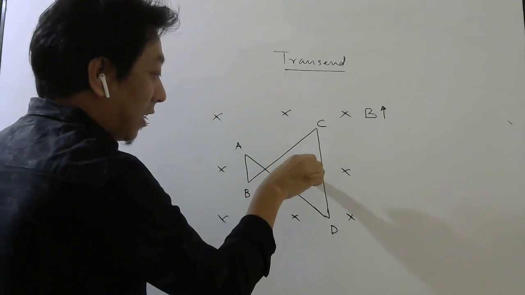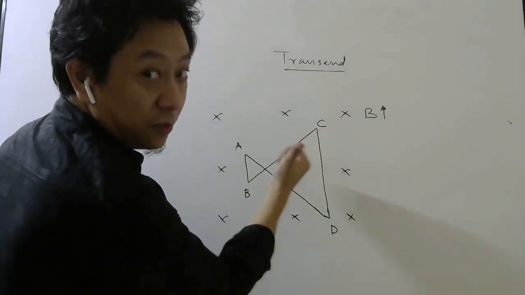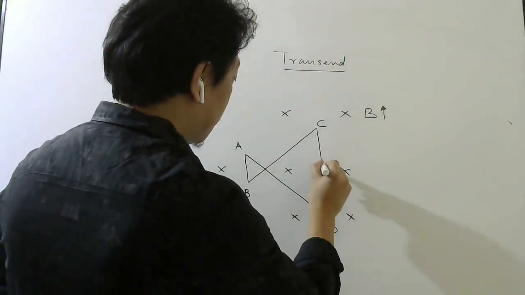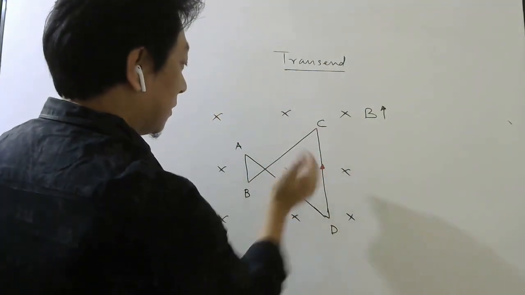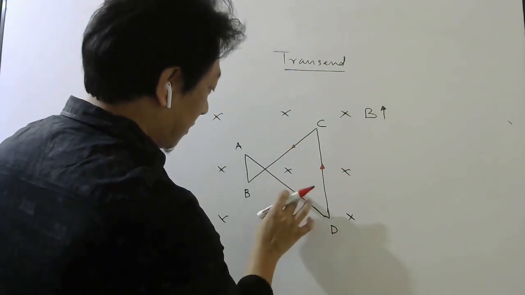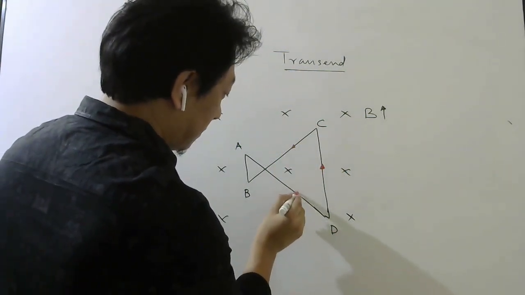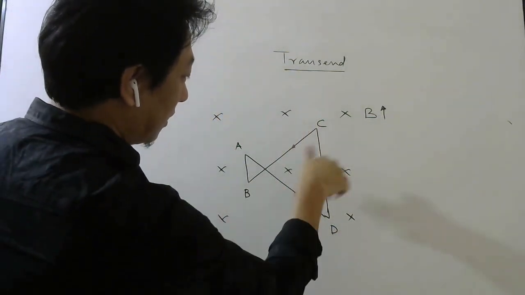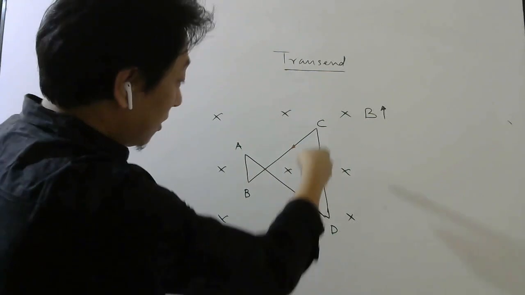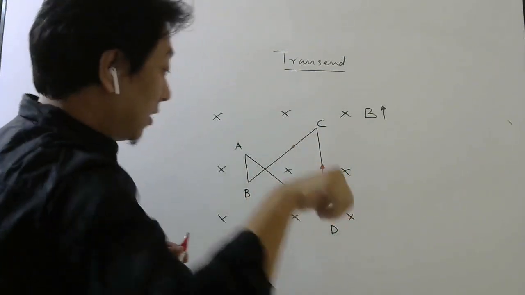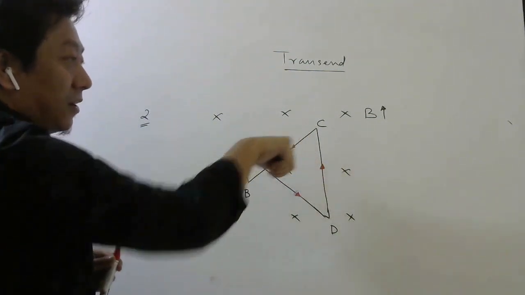To oppose this, the induced current should flow this way. If it flows like this, it's like a loop, so this loop will produce a magnetic field which will oppose this increasing magnetic field.